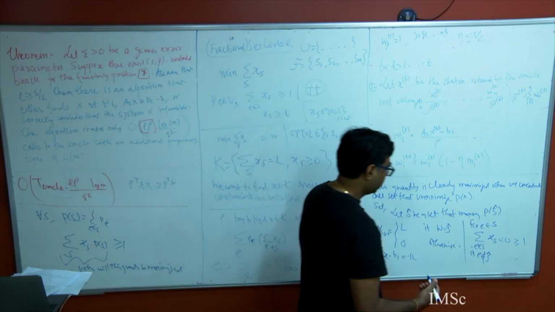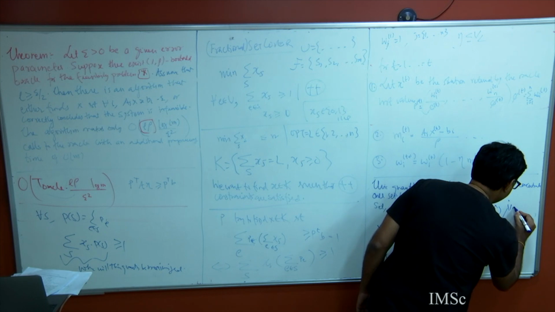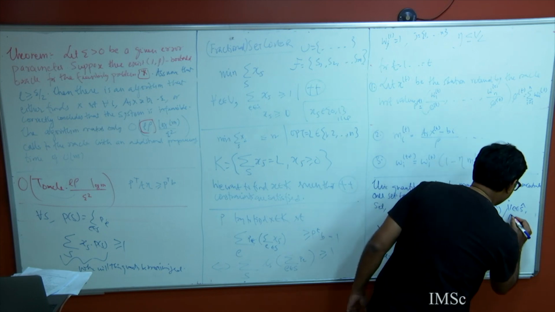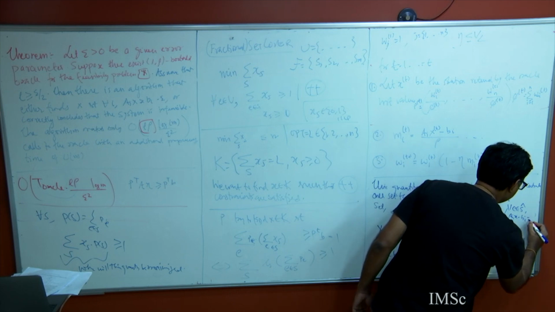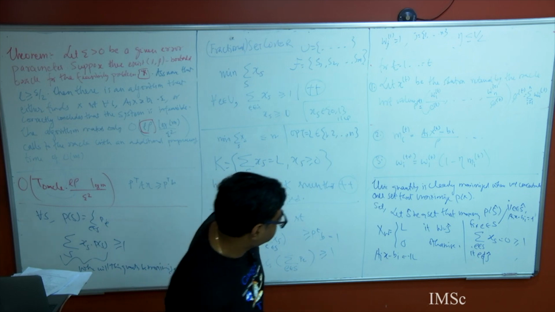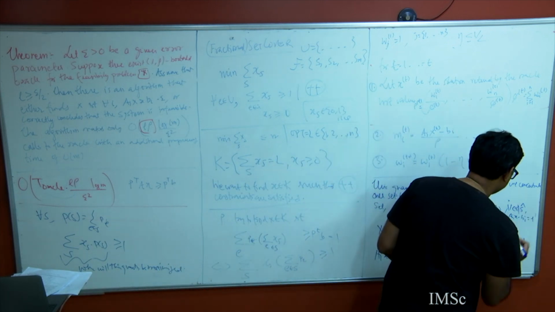Right? Okay. So what did we get? If E is not in S hat, then A_i x minus b_i is equal to minus 1. No issues.